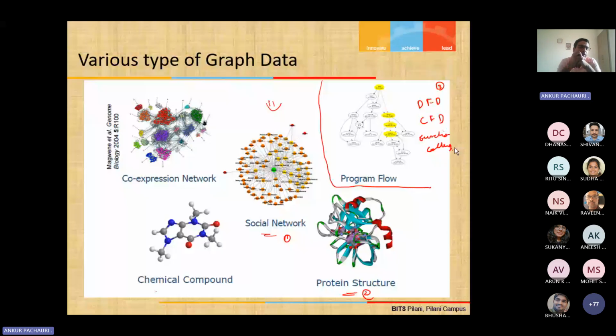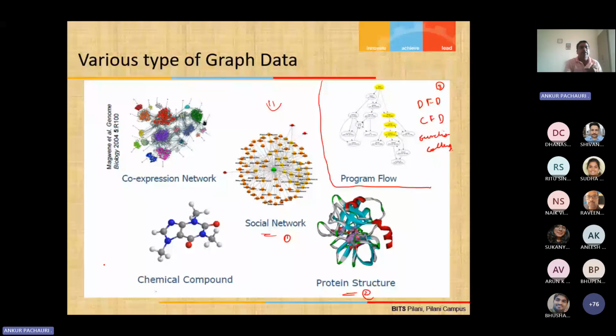You just give it a code, the program will convert the code into the form of a graph, and then based on the graph, it tries to predict the possible areas of bugs. So automated software testing, testing done by the program itself, automated testing tools, is an area of GNN.